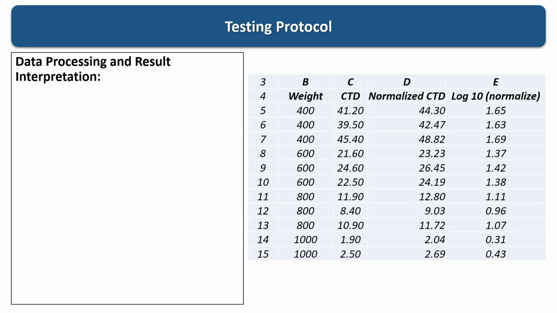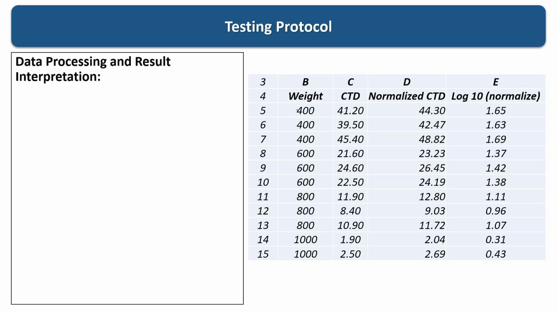Now, we can see this is the data we get from the TDM testing. There are different columns, and you can see in column B, at different weights we calculate the cut through distance.